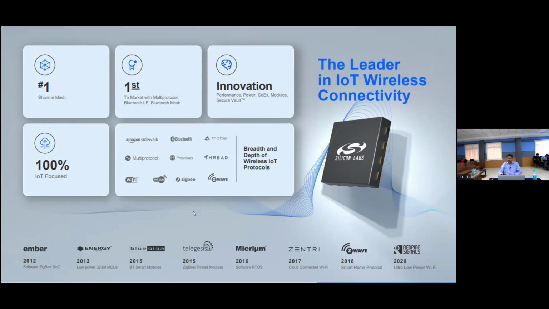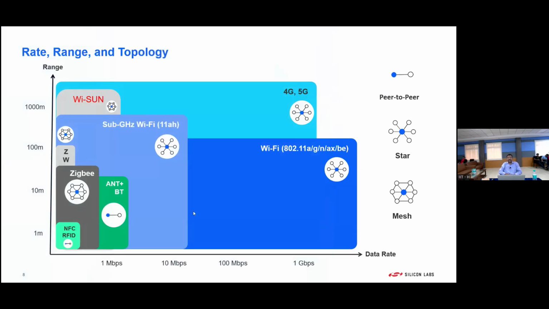Let me go over Wyson a bit. Before that, I just want to go over what we know all along. We have data rate on the x-axis and range on the y-axis. On the right-hand side, you see peer-to-peer, star, and mesh.